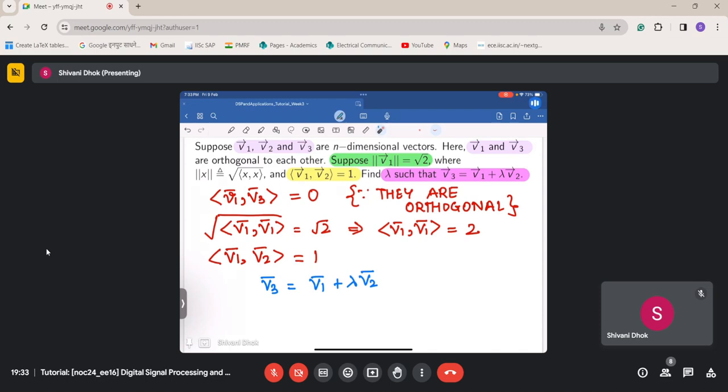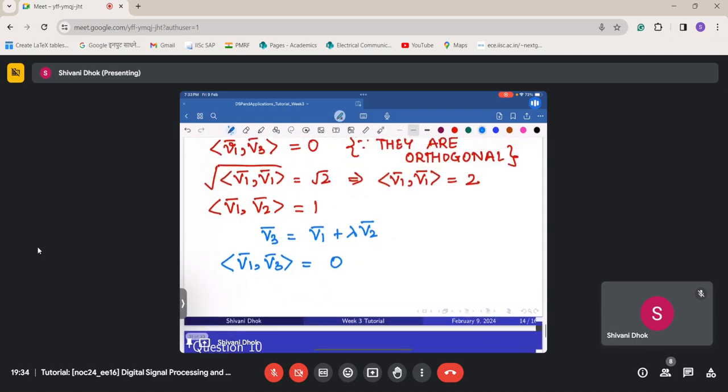So this is the information that we have. We know the values of the inner product of each of these with V1, so let us try to exploit that and find the relation. So let us do this: inner product of V1, V3 is equal to 0. It is given to us.